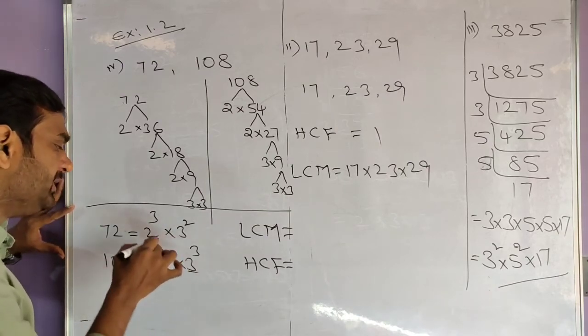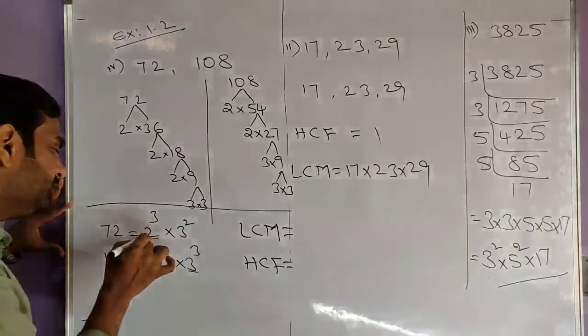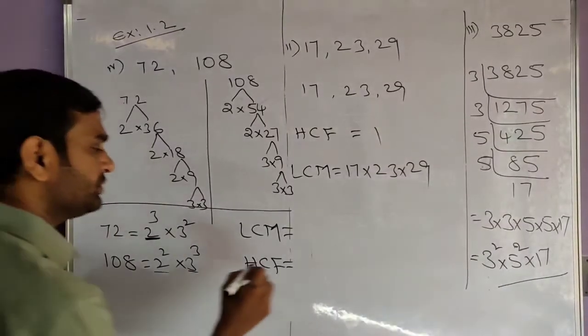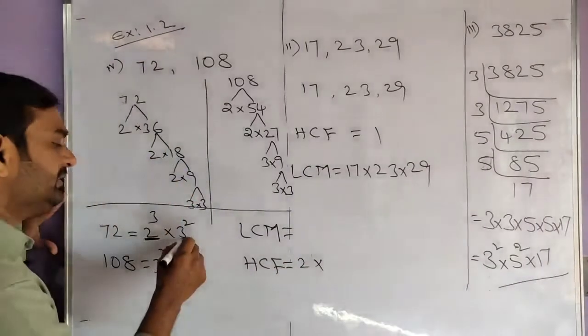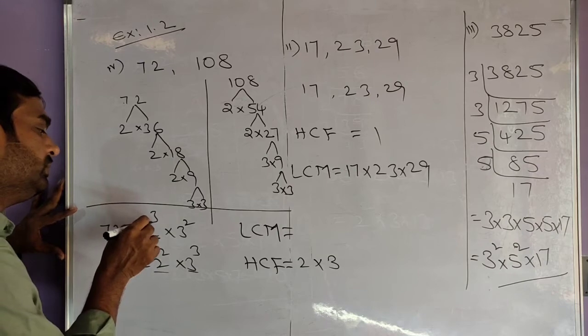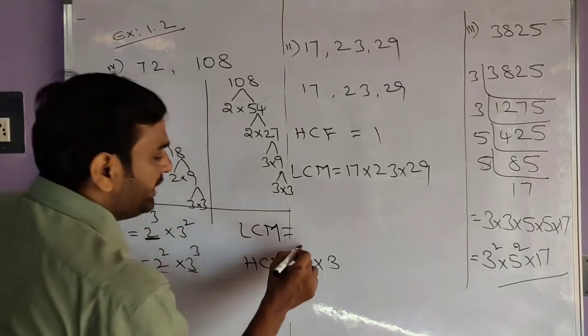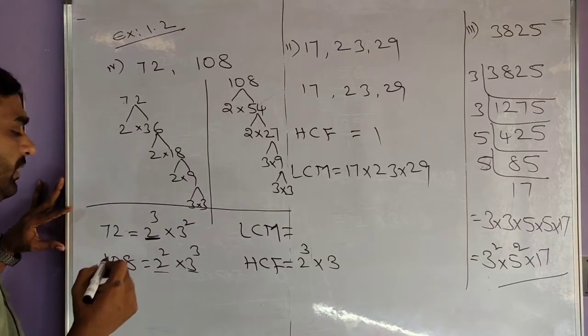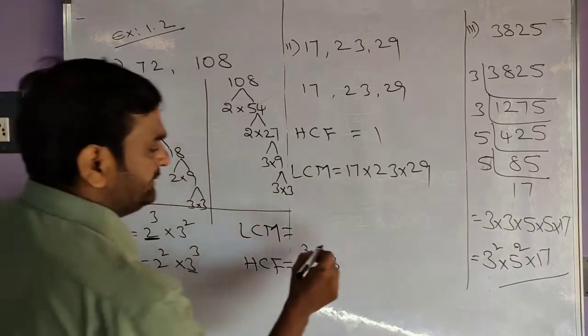All are prime numbers, but in every term 2 is contained in 72 and 108 also. So write down 2, and 3 also write down 3. For the highest power, 2 has highest power 3, so write down 3, and in 108, 3.